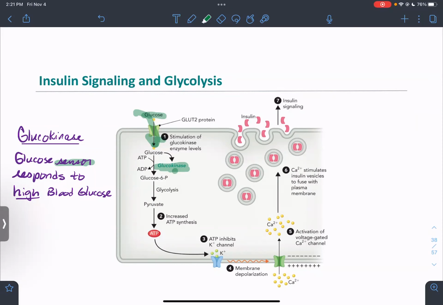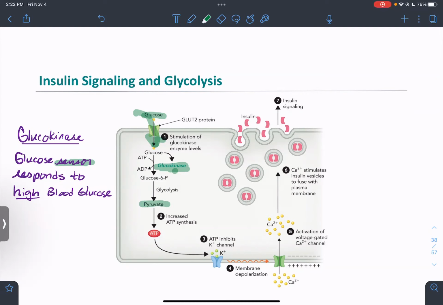So as long as your blood sugar is high, your pancreatic cells will be doing this process, which is good, right? As soon as they stop, then you have a problem and you have diabetes, right? So we're going to go through glycolysis. We are going to make pyruvate. Our pyruvate is going to be converted eventually to ATP, just like it is in all the normal cells.